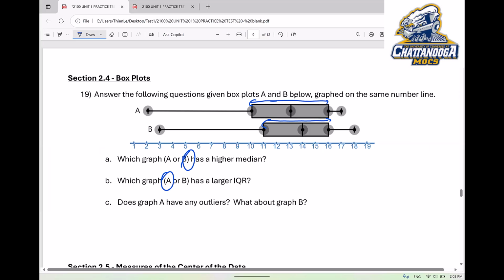So in C, does graph A have any outliers? What about graph B? In order to check the outliers, we can do the calculation, right?